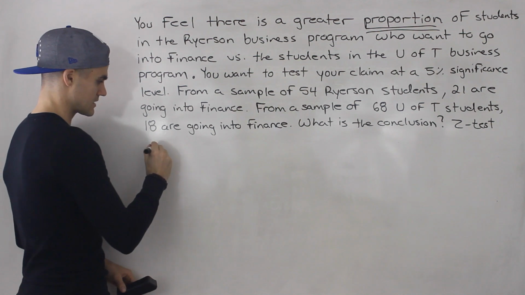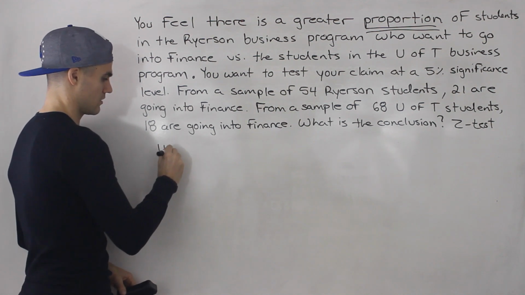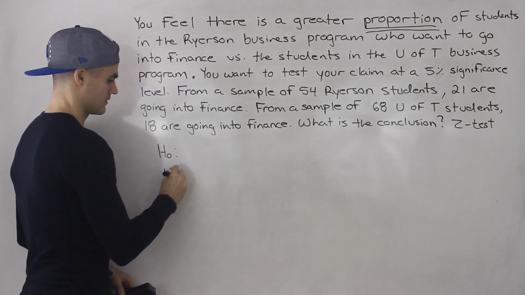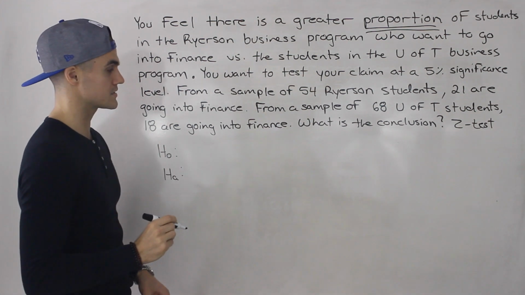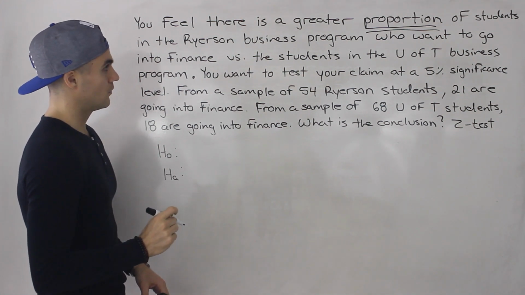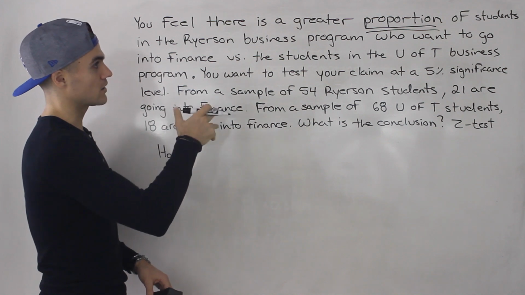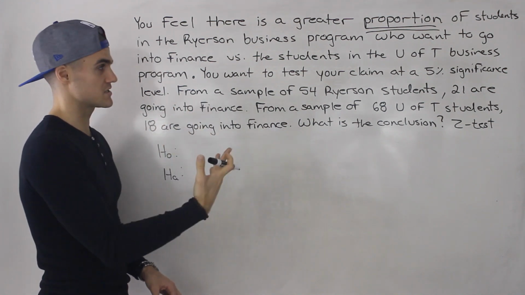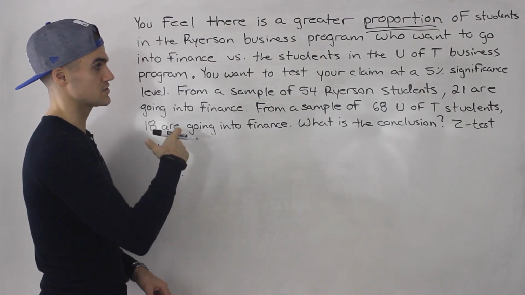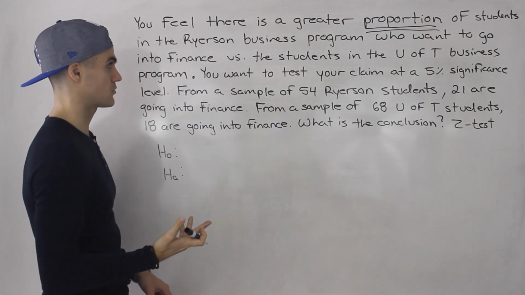So let's start off by creating a null and an alternative hypothesis. So what are you testing for? You're testing whether there's a greater proportion of students in the Ryerson business program going into finance versus the students in the U of T business program.